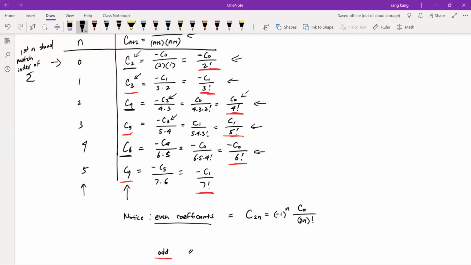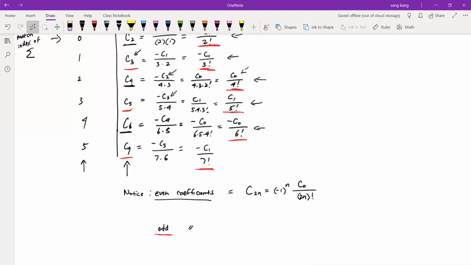And then let's just plug in a few numbers here to make sure, just as a sanity check. So if we plug in 1 for this guy, it'd be C2, negative 1 to the 1 power, so negative 1, C0 over 2 factorial, and that matches this guy here. If we try 2, we get C sub 4. This becomes positive C0 over 4 factorial. So it works, right?